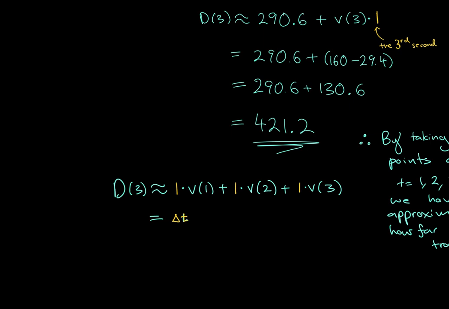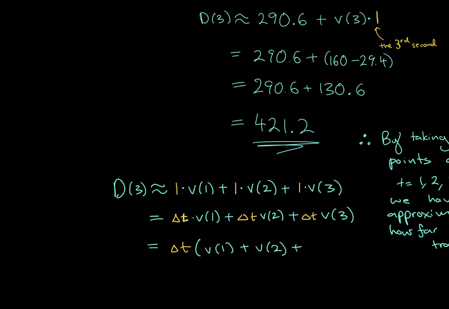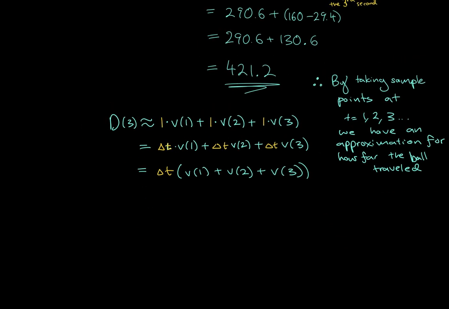Change in t times v of 1 plus change in t times v of 2 plus change in t times v of 3. Okay, and this is equal to, of course, delta t times v of 1 plus v of 2 plus v of 3.